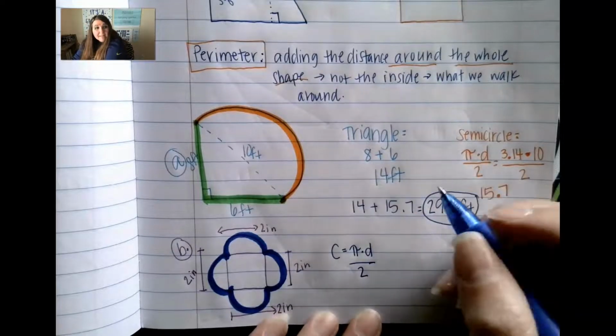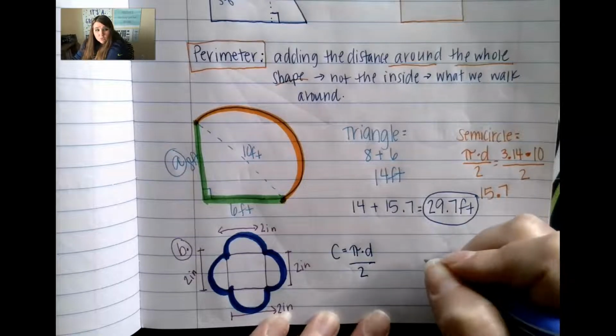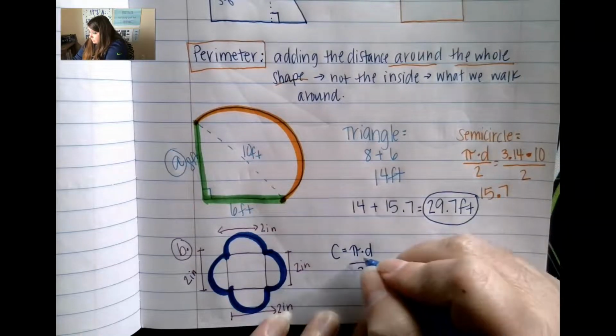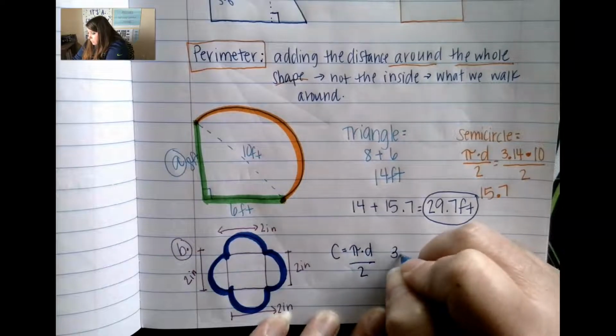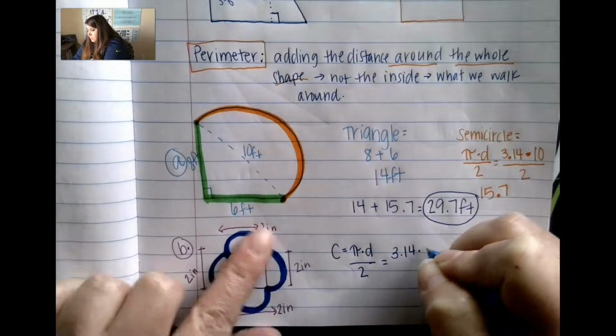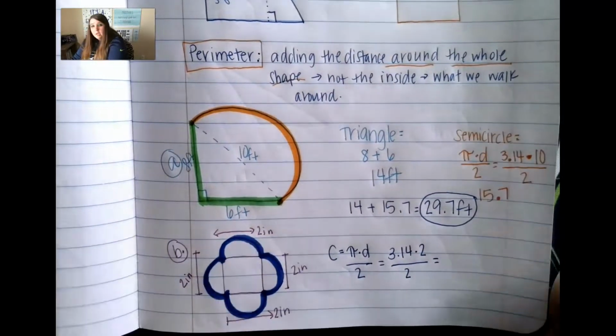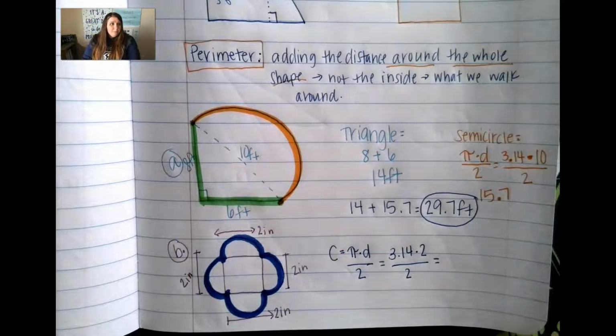Okay, and so what I'm going to do now is I am going to do 3.14 times 2 inches, and then I'm going to divide that by 2. So 3.14 times 2 gives us 6.28.